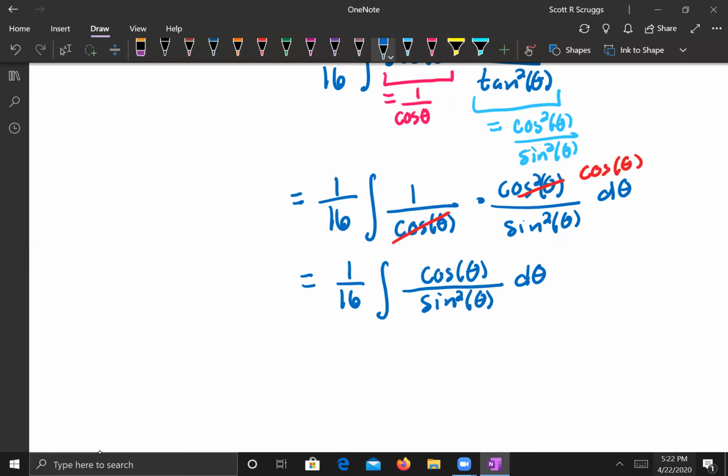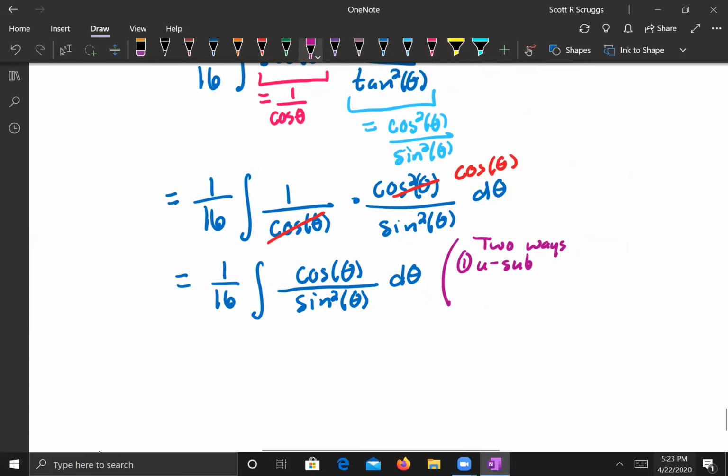And so for here, there are 2 ways that you can take this integral. One is you could do a u sub, and I'll write that down on the side. You could do a u sub here, and my u would be sine of theta, because the derivative of sine will be cosine, and so for my u sub, I would have 1 over u squared.